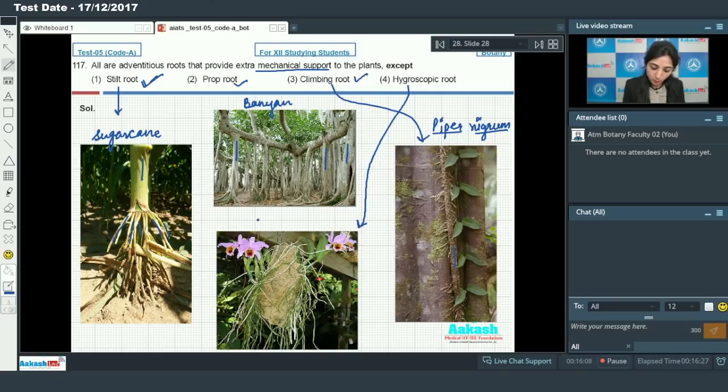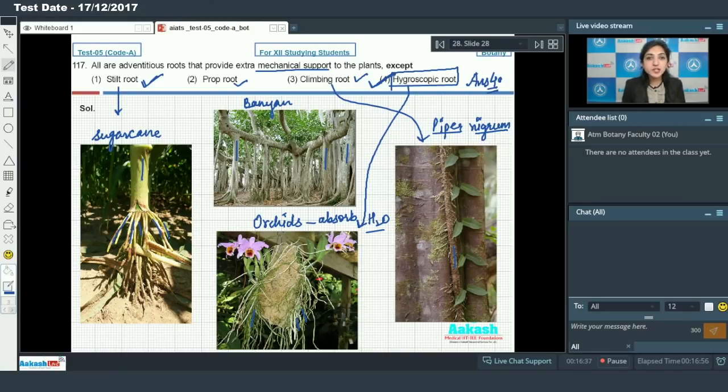This is the hygroscopic root found in epiphytes such as orchids, and they absorb moisture or water, and they do not provide mechanical support. So all are adventitious roots that provide extra mechanical support to the plants except hygroscopic roots. So by this, the answer to this question is option number 4.